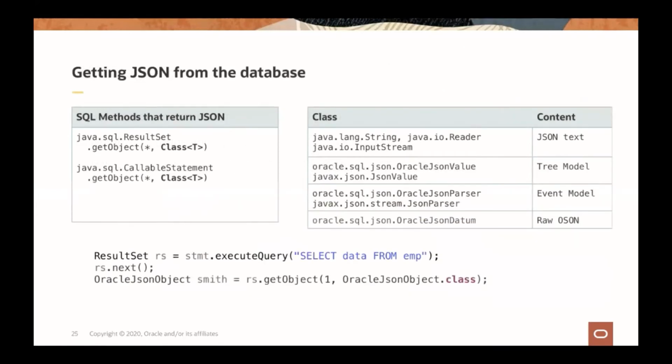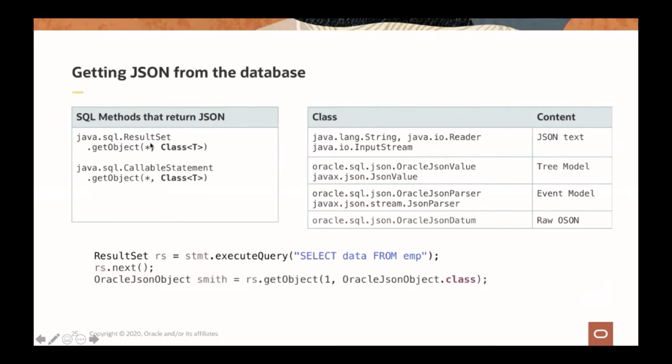This slide is about how you get JSON from the database. There are two methods in JDBC that are capable of returning JSON values. There are actually variants of these, but it's basically these two methods: getObject on ResultSet and getObject on CallableStatement. These methods take two arguments.